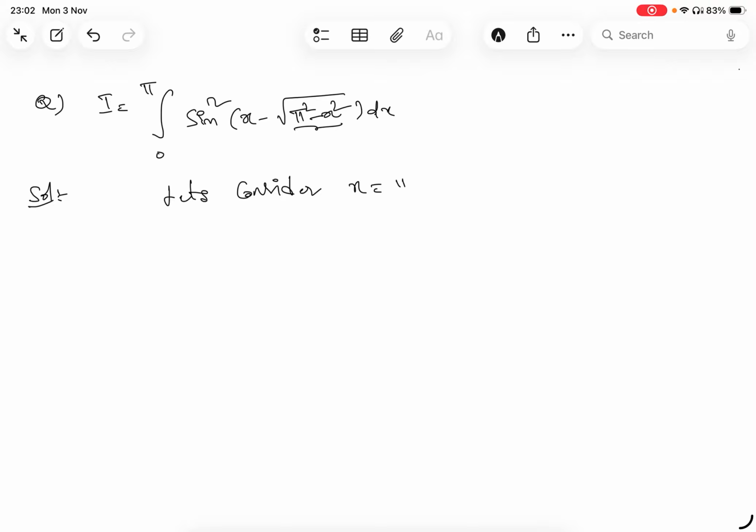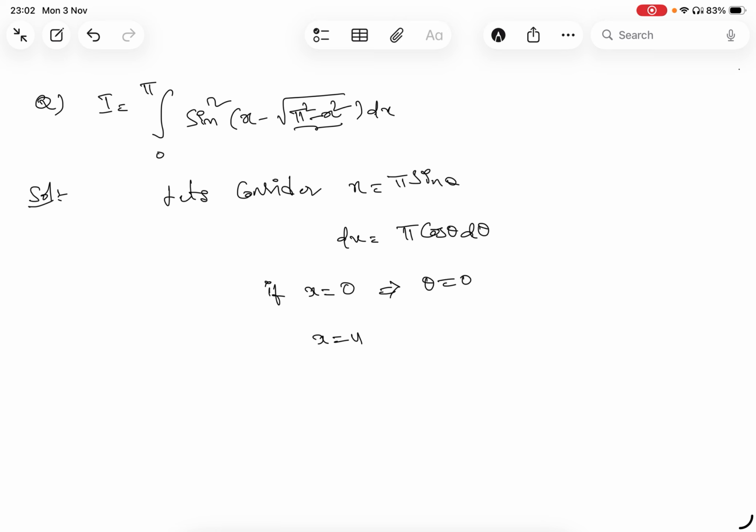x is pi sin theta, right? Then dx equal to pi cos theta d theta. Fine. If x equal to 0, theta is 0.